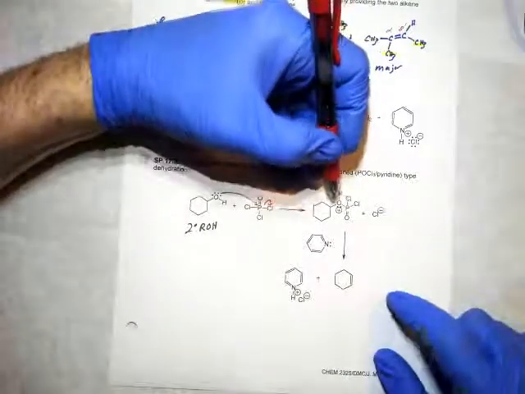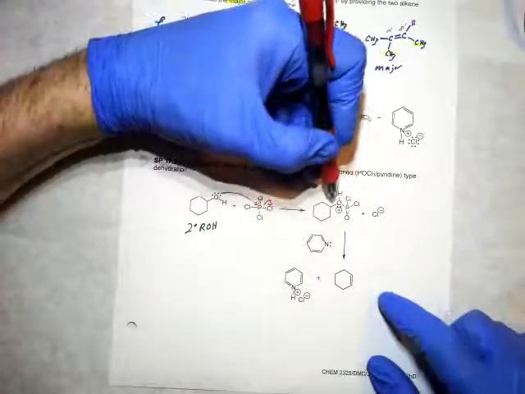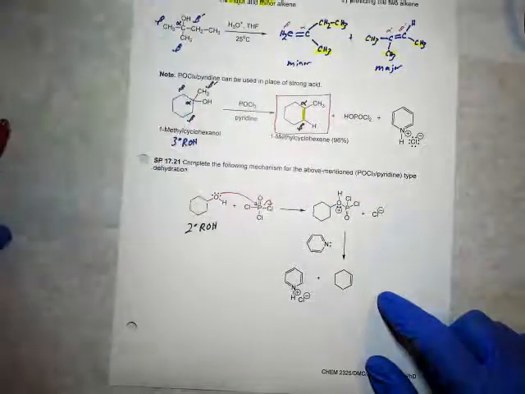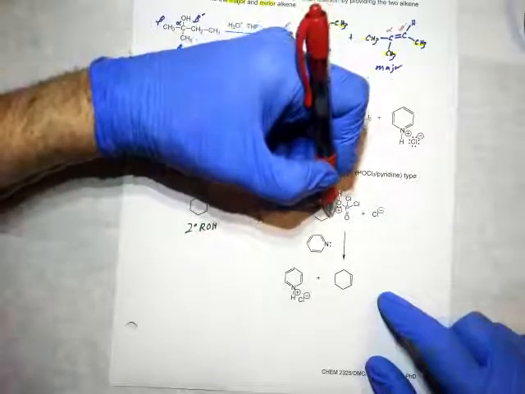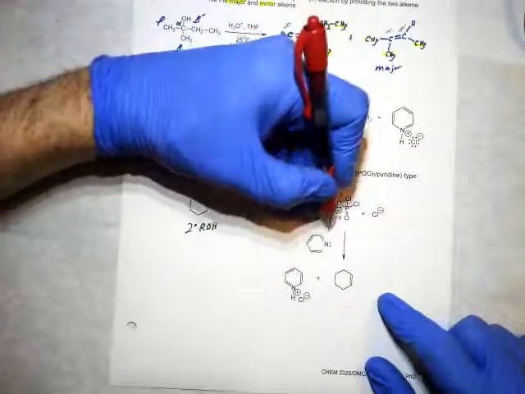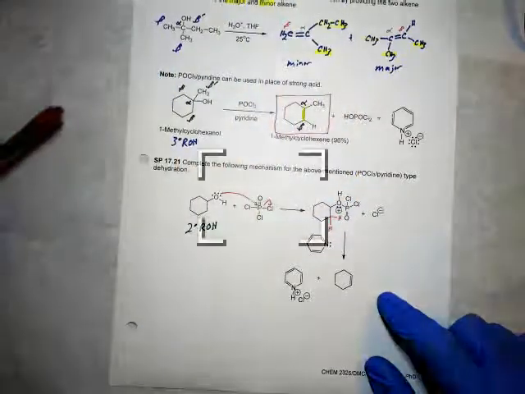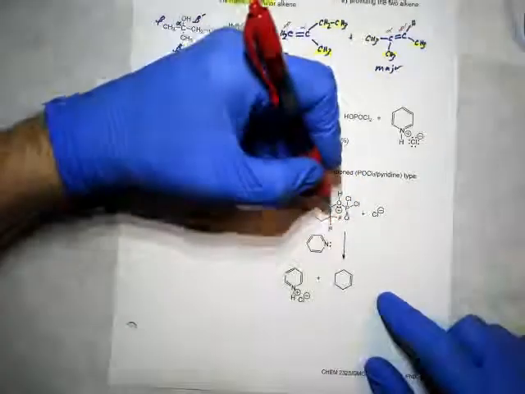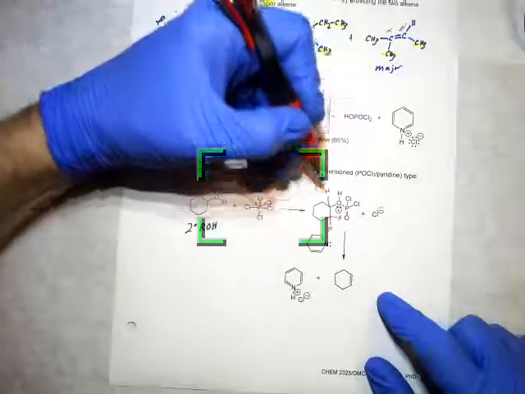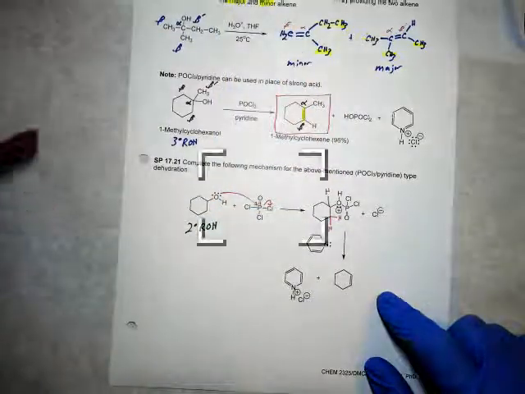But probably what happens the greater percentage of the time is the following. Let me just show you. Let's go ahead and sketch in those two hydrogens on that adjacent methylene. And just so you can get a better image of what's happening, let me sketch that proton in as well.